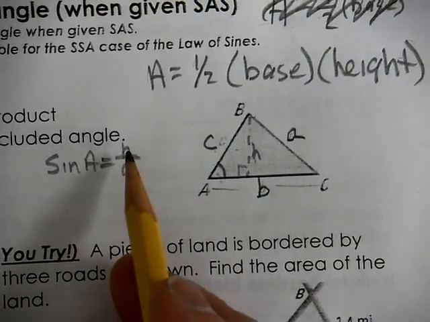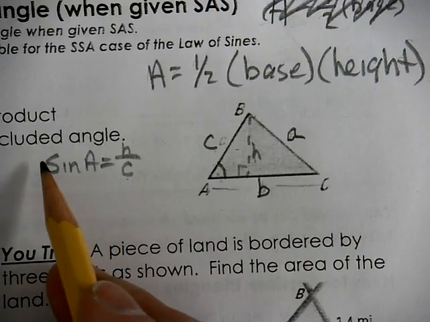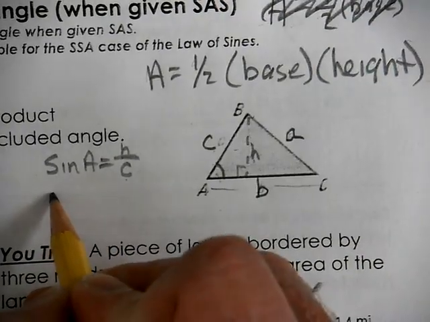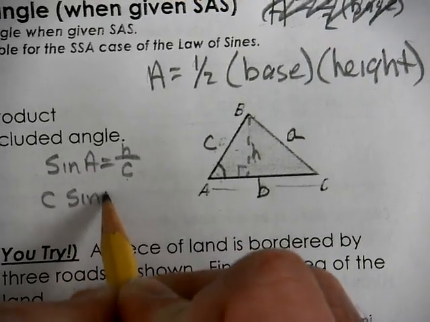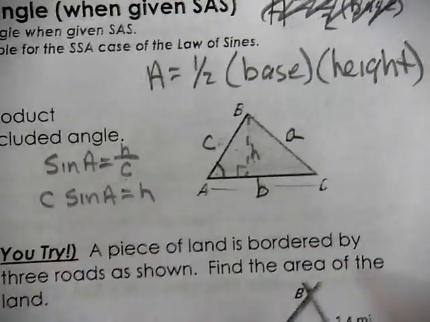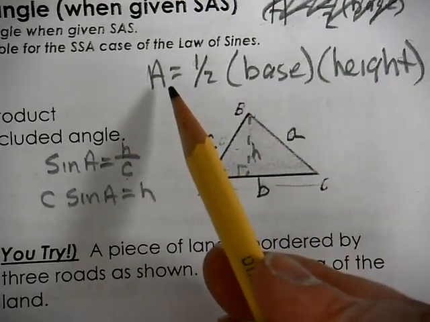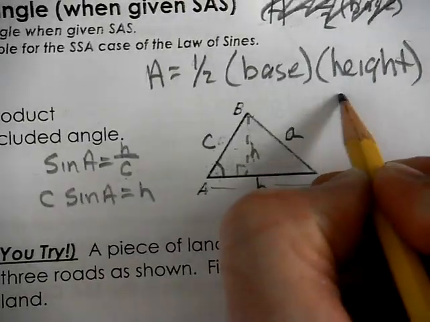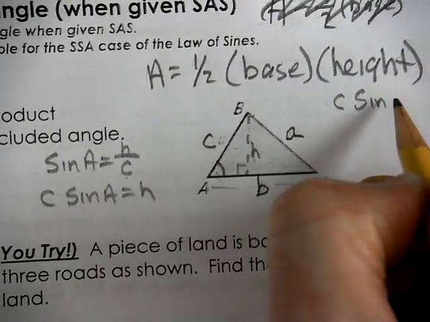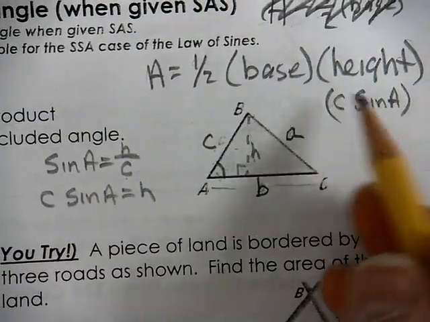For us to figure out what the height is, we're going to multiply the denominator to the other side. So we have C times the sine of A. That is our height. So if we bring it up to our formula here, and we say that our height is C sine of A, that's the height of the triangle.